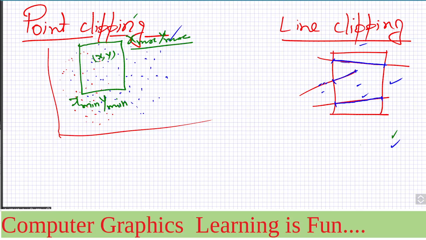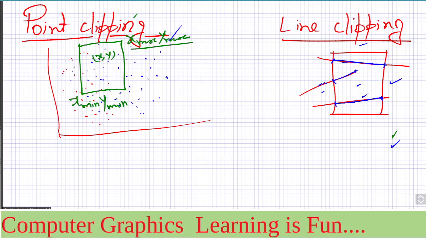So you can judge for each pixel whether it is inside the window or not. If the pixel is inside the window, you will make it visible. Maybe you store it in a list, or if you have a frame buffer, you store something there, whatever your way is. But you can select which points to be displayed and which not to be displayed.